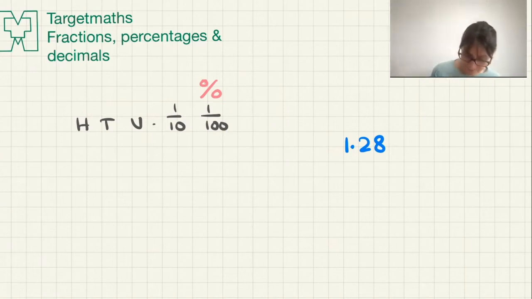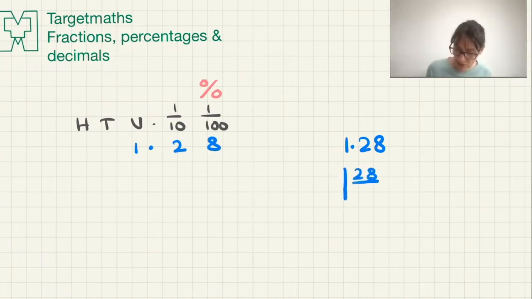Okay, so 1.28. The fraction is I've got one whole with 28 over 100. So it's really just going into mixed numbers when you've got whole numbers included in the decimal. The percentage is all the digits that you can see.